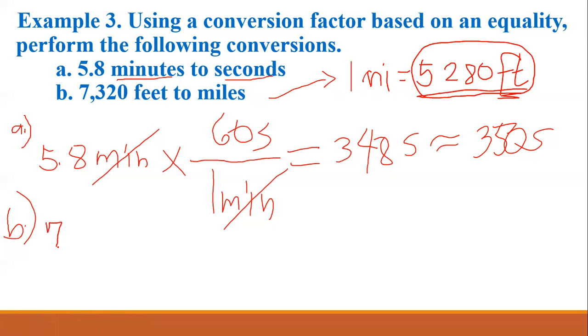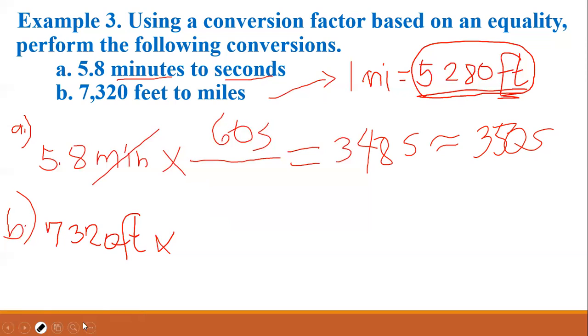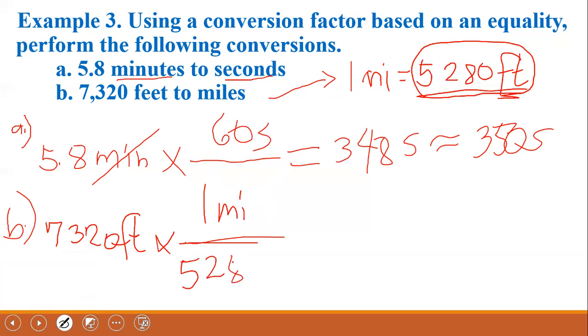So, sulat na natin: 7,320 feet times 1 mile over 5,280 feet. Now we go to the unit cancellation.